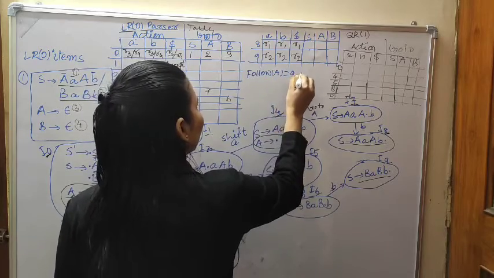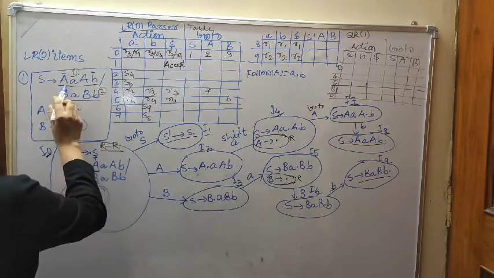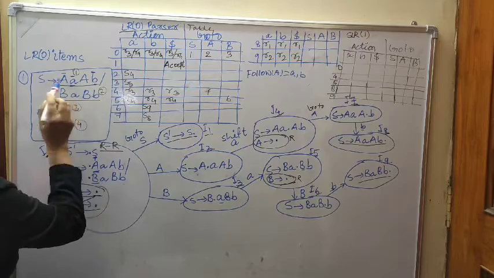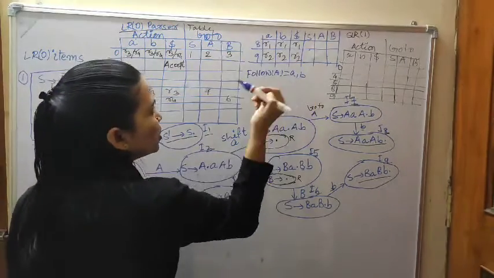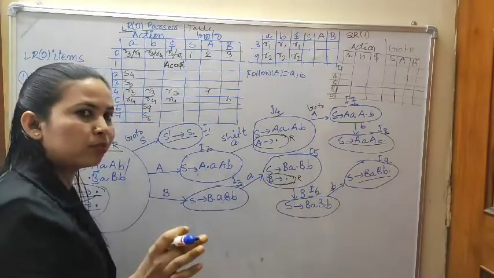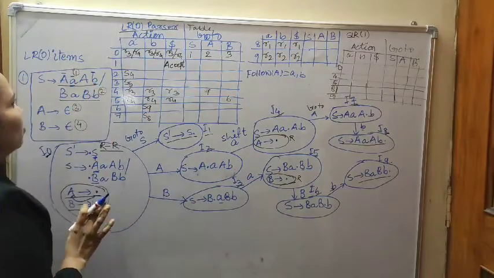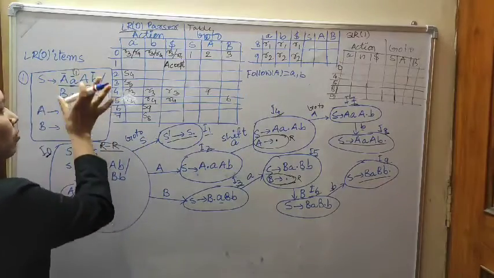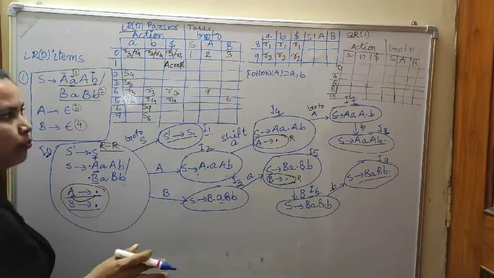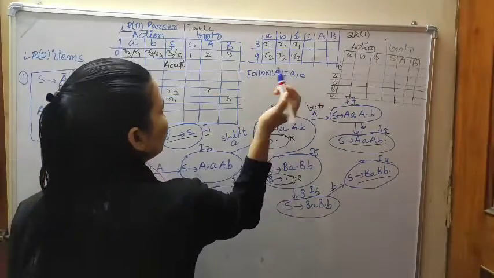A is followed by A, and A is followed by B. So Follow of A is A and B, because whenever we are checking the follow functions, we look at the right side of the production rules. So Follow(A) equals A comma B.